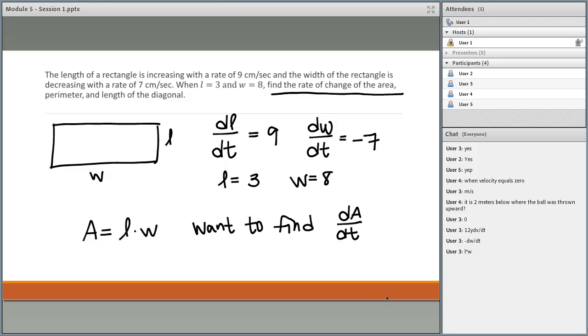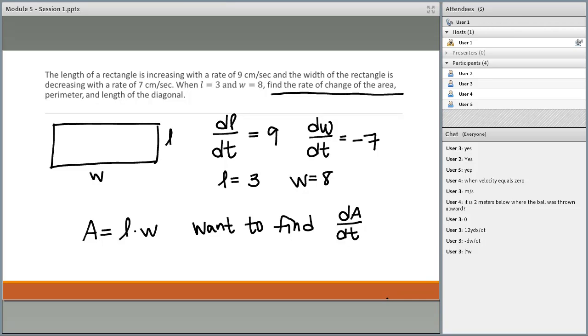So basically, we're using implicit differentiation because area is a function of length and it's a function of width, and they're both changing with respect to time. So this is an example of the one we just did, except for we have some context to it. So I know the length is a function of time, and I also know the width is a function of time because at different times there are different values because we were told that they're changing.